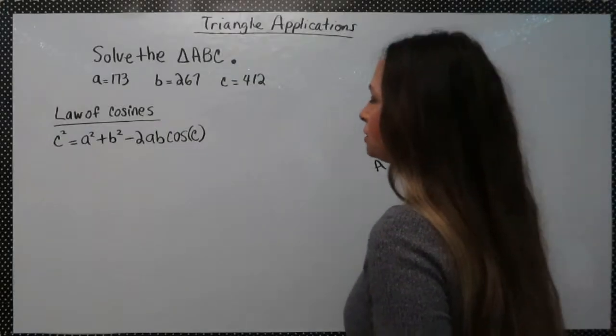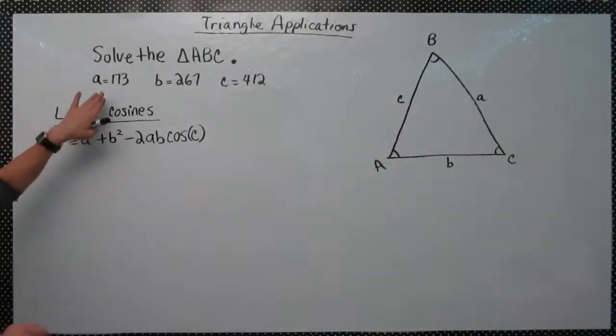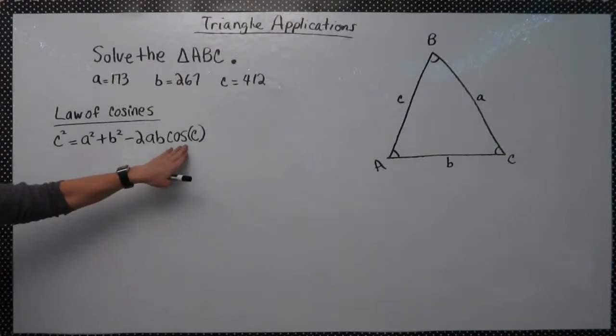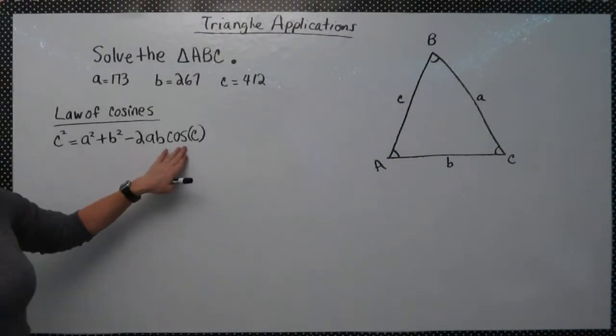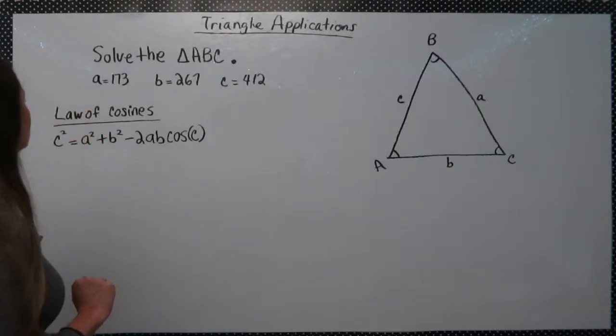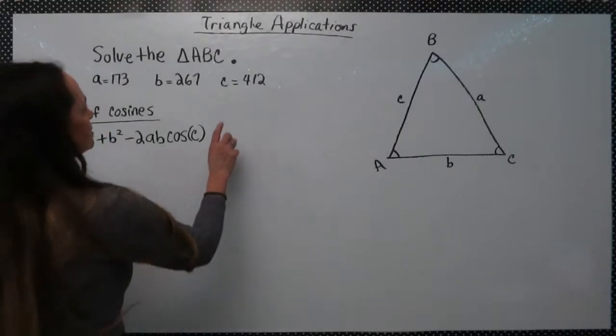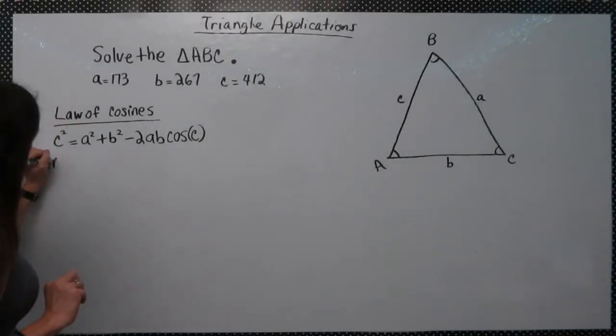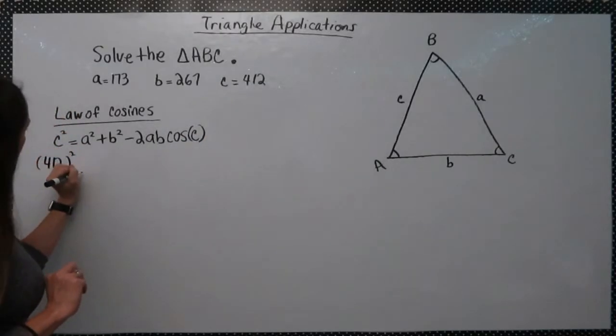So what we're going to do is take A, B, and C, plug them in, and solve for cosine C. It should be a pretty straightforward process, nothing crazy. I'm going to start with C, and C is 412 squared.